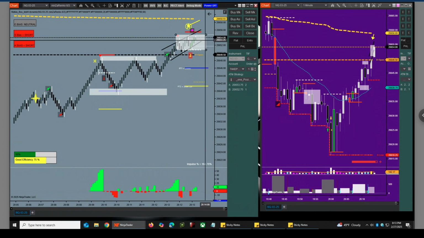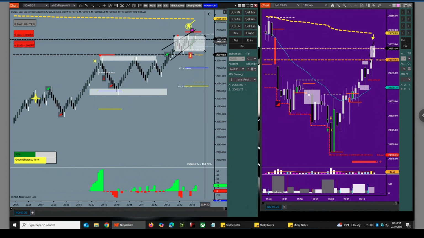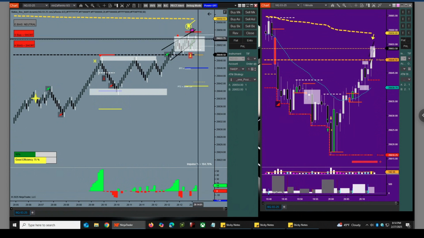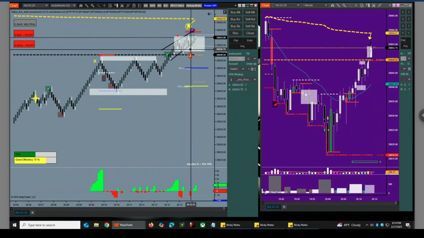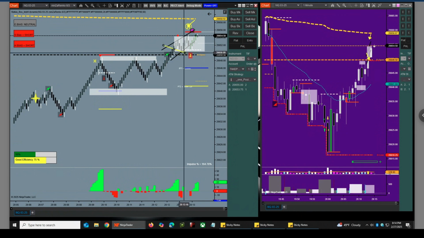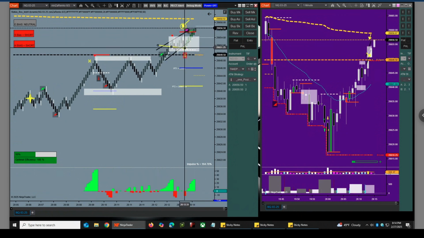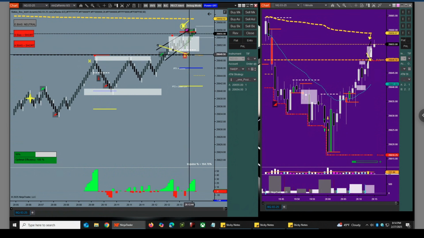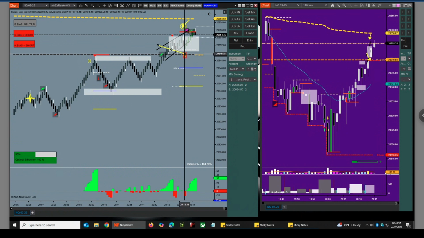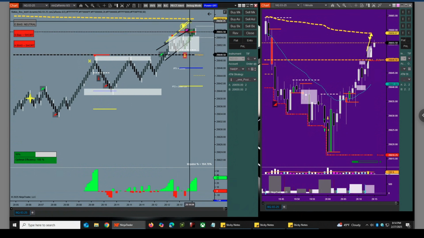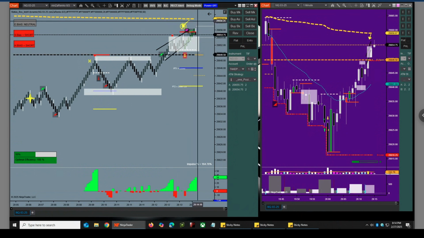If you follow me long enough, you'll start realizing a pattern. I don't like trading right into anything that can stop me. And if you're new to trading, then you wouldn't understand this. But anyone that knows trading knows this is the daily open. Right now, that is a strong level. This right here is VWAP. It's 8 p.m., so VWAP isn't as strong in the Asian session as it is in the daytime.